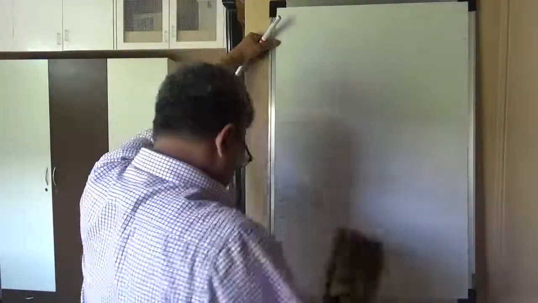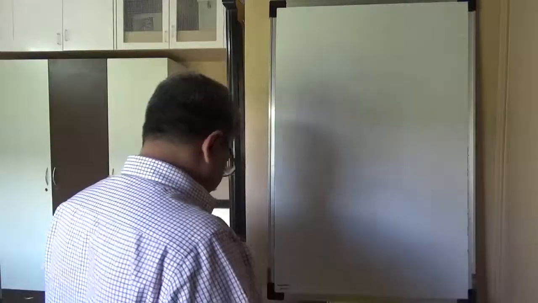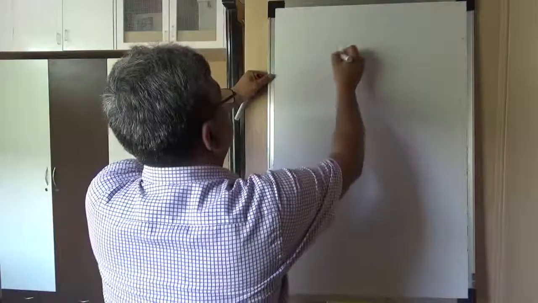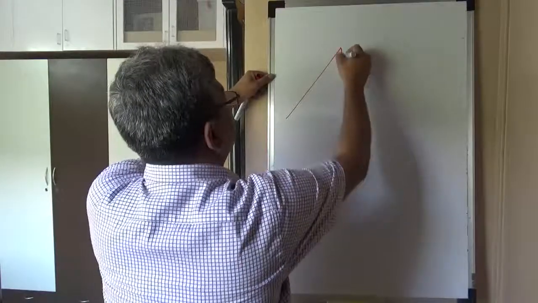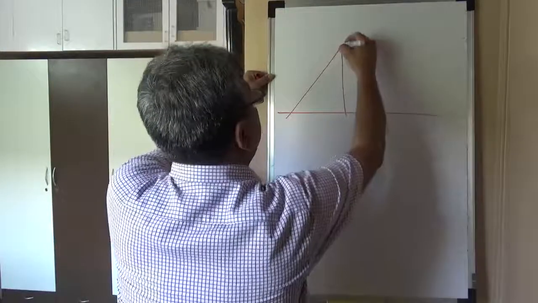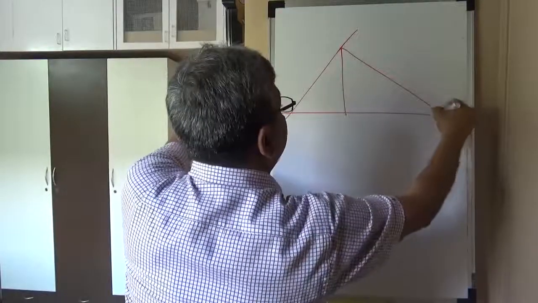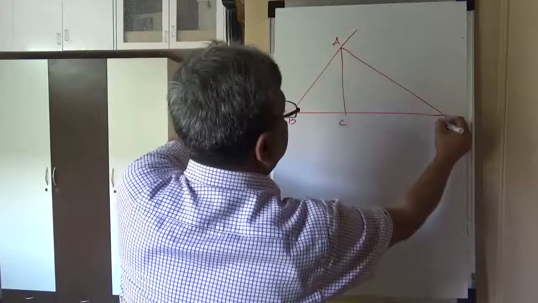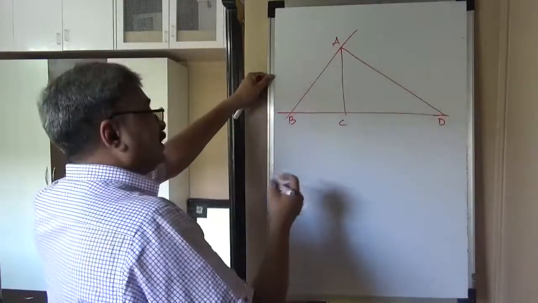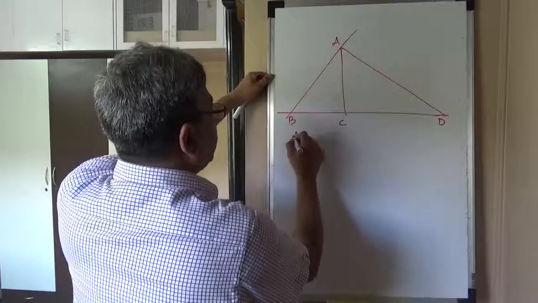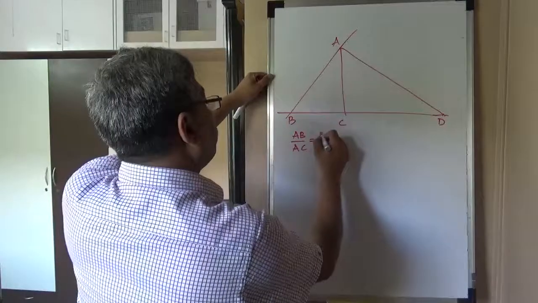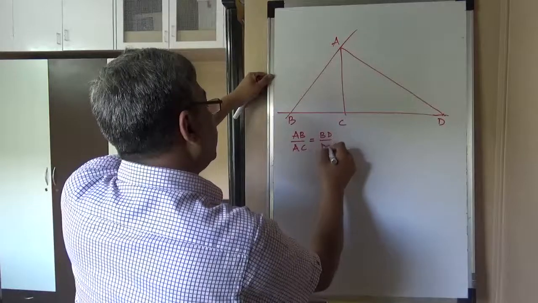If we have an external angle bisector of triangle ABC, suppose I have a triangle ABC and this is the external angle bisector and this intersects at D, then again the theorem is AB upon AC is equal to BD upon DC.